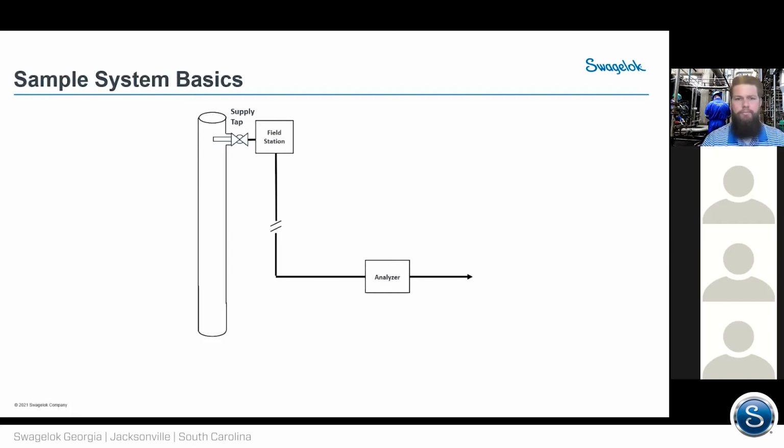So in this field station module I have drawn here, let's consider that we're sampling a gas, for instance. You want to install a regulator as close to the process tap as possible and drop that gas pressure to 1 bar.